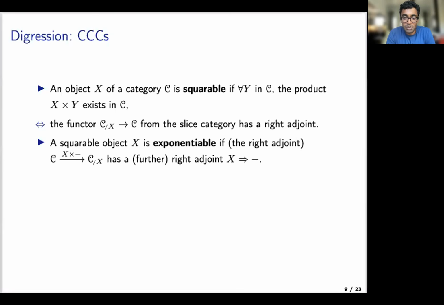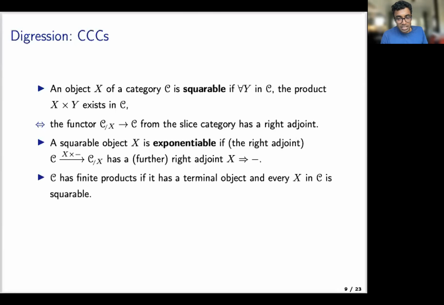And we say the squareable object is exponentiable if this right adjoint itself has a right adjoint. So that's called the exponentiation with x, I guess, the power object. I think some people say powerful for exponentiable, but yeah.